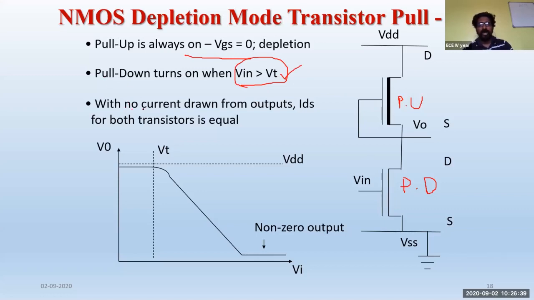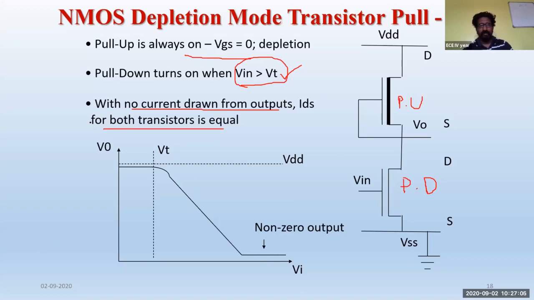So now with no current drawn from the output, the IDS for both the transistors is equal. Whenever both are in the on state, the current flowing through the drain terminals will be equal. This is the graph between the output voltage and the input voltage.